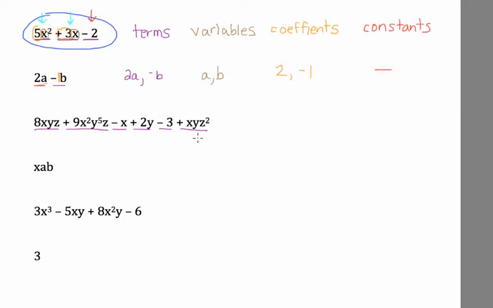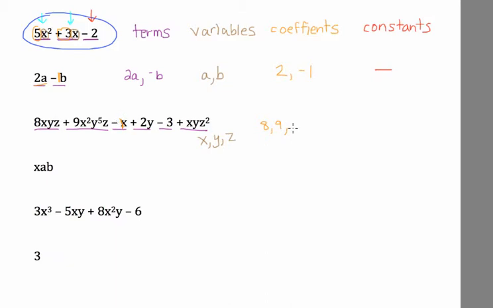Next, the variables. The variables are the letters in the expression. So x, y, and z. Next, coefficients. The coefficients are the numbers at the beginning of each variable term. So the first term, the coefficient is 8. The second term, the coefficient is a positive 9. The third coefficient is kind of hidden.